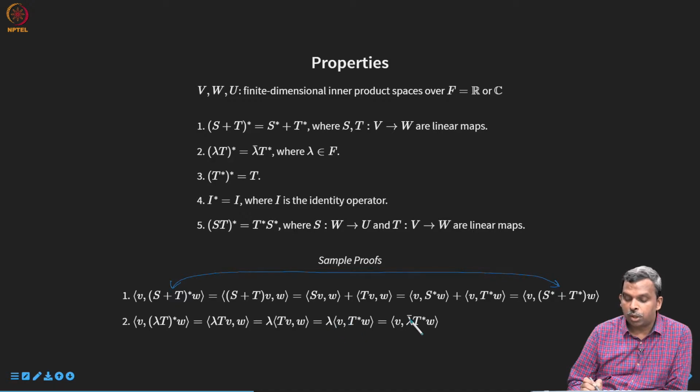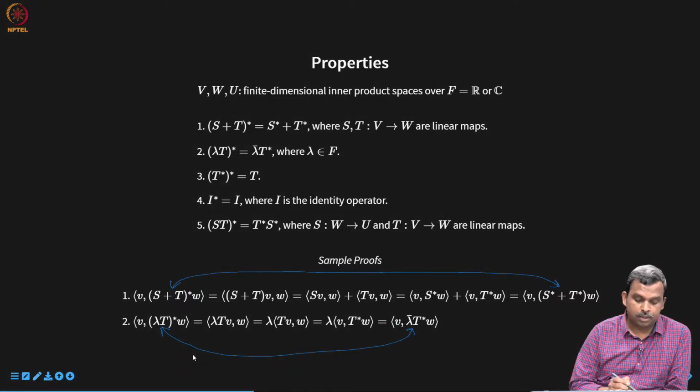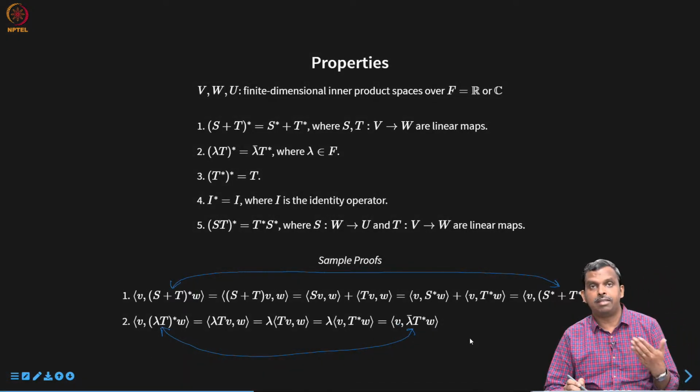When you take it into the second argument, you have to do lambda bar, right. So that's how we define the inner product. So you get V comma lambda bar T adjoint W. Now you can compare these two, and you quickly identify that lambda T whole adjoint is equal to lambda bar T adjoint. So that's the proof.